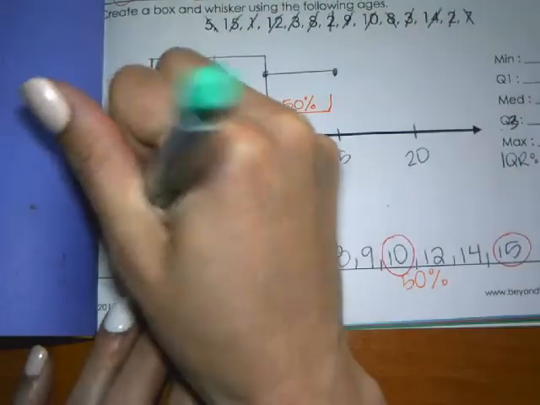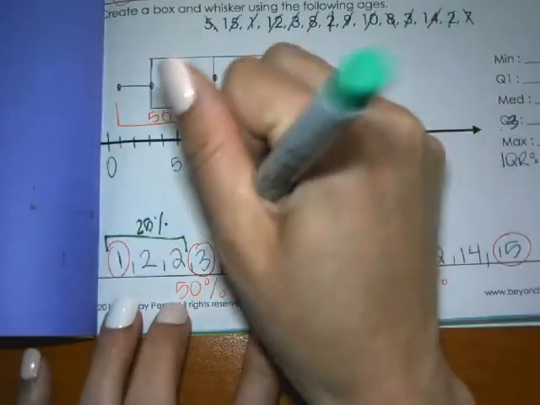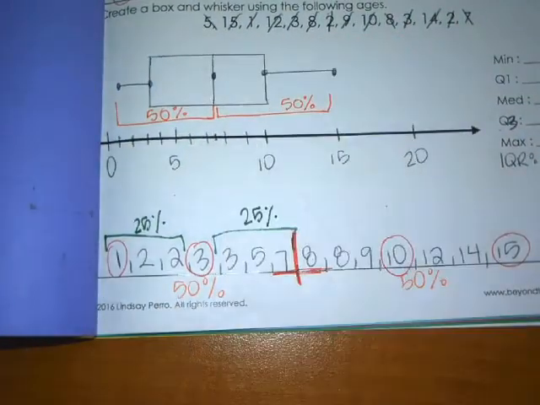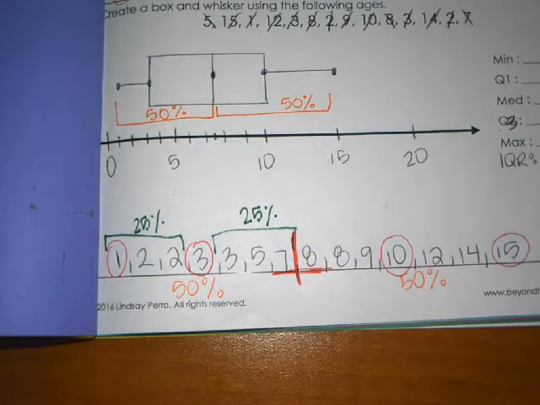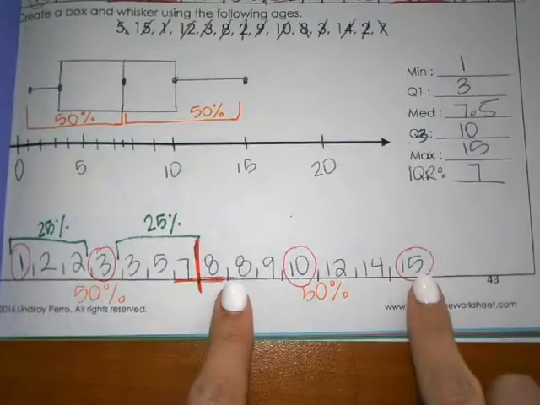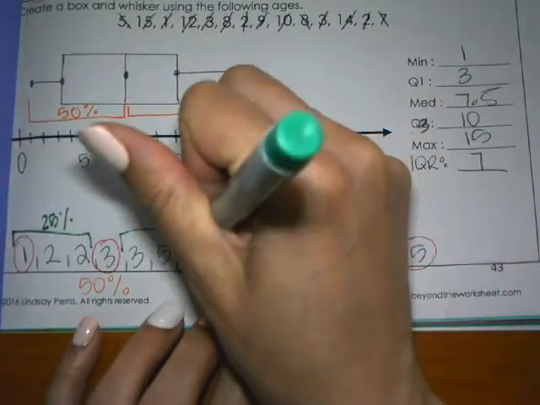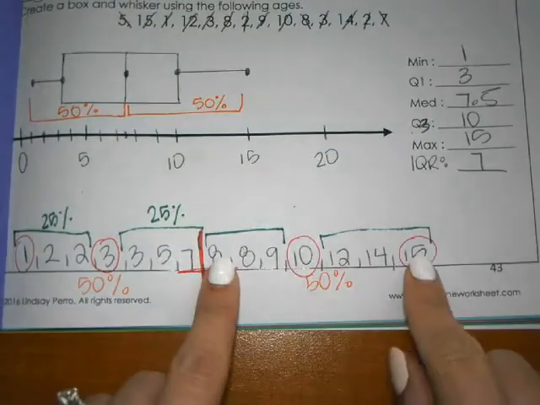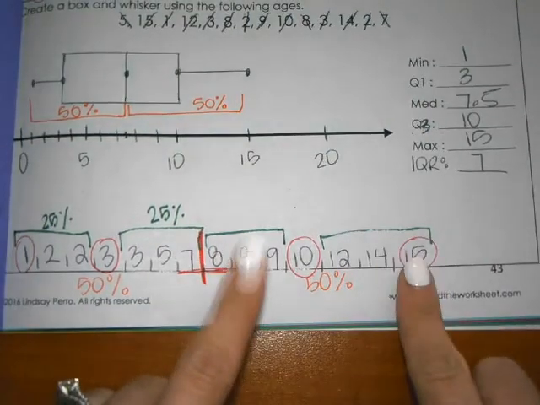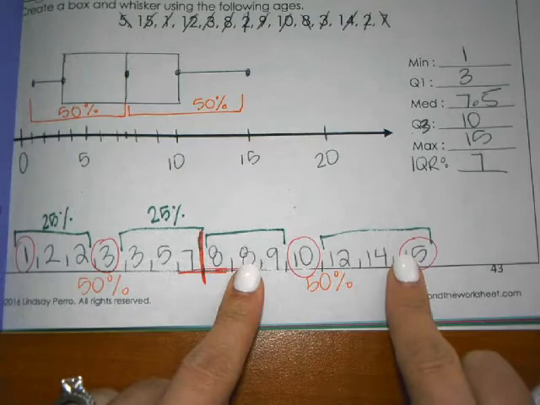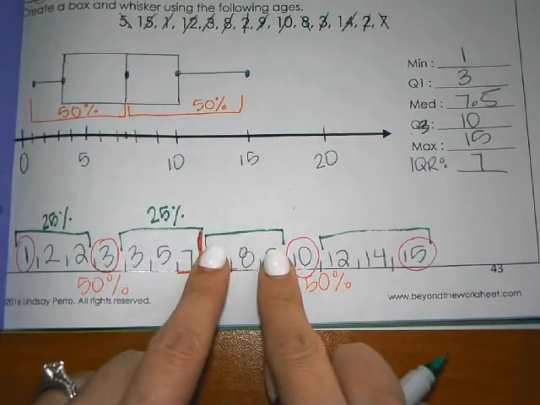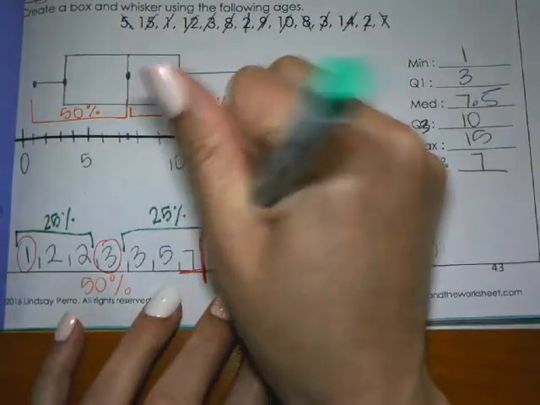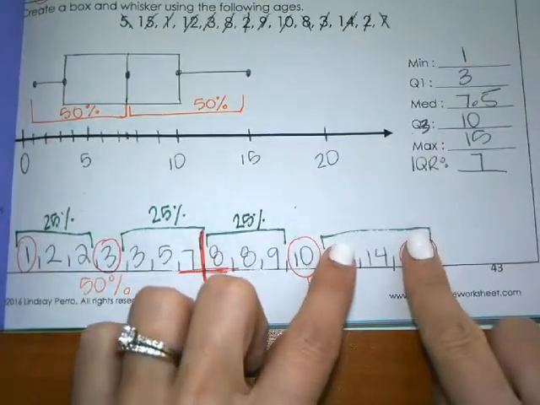So that means this is 25% of my data and this is 25% of my data. Does that make sense, guys? So same thing here with my upper set. I split it based on the median of the upper set. Did that give me an equal number on each side? So what's this percentage of my data? What's this percentage of my data?